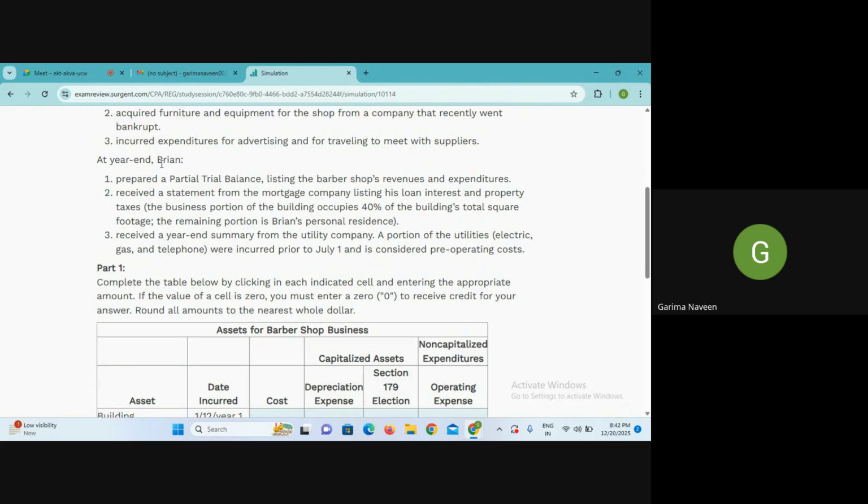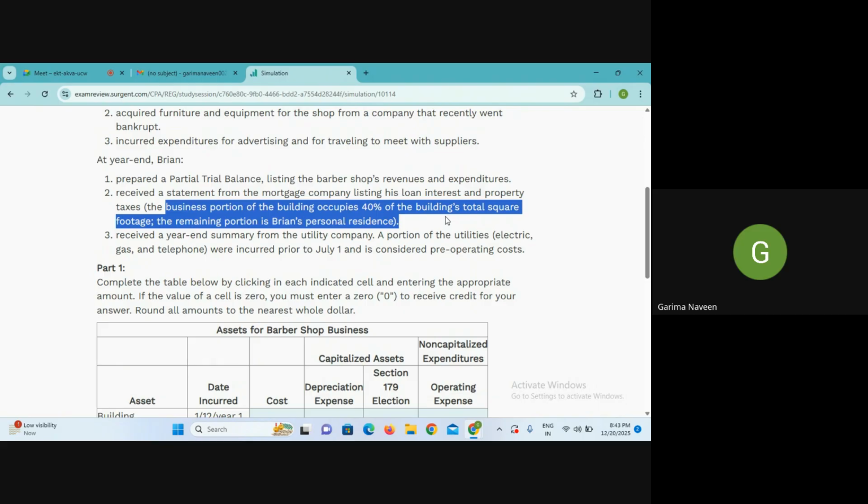At year end, he prepared a partial trial balance listing the barber shop's revenue and expenditure. He received a statement from the mortgage company listing his loan interest and property taxes. The business portion occupies 40% of the building's total square footage. The remaining portion is Brian's personal residence.